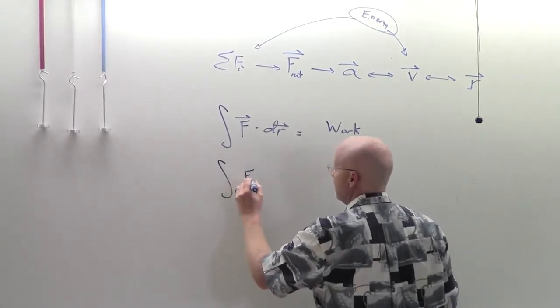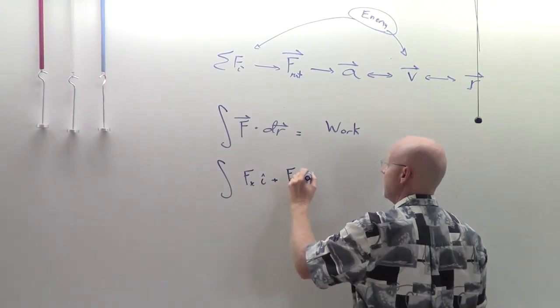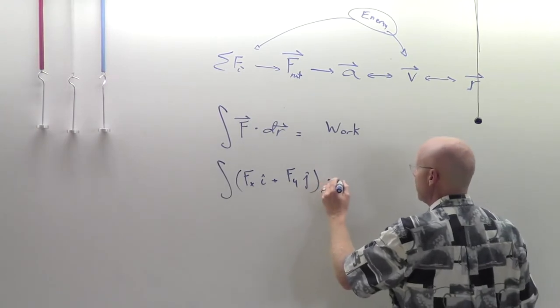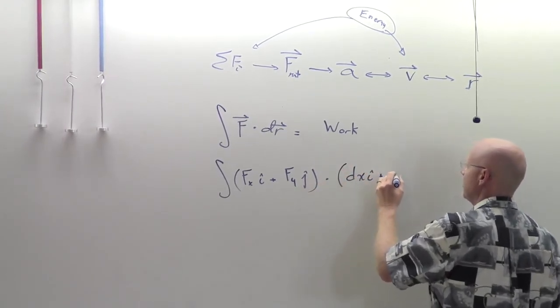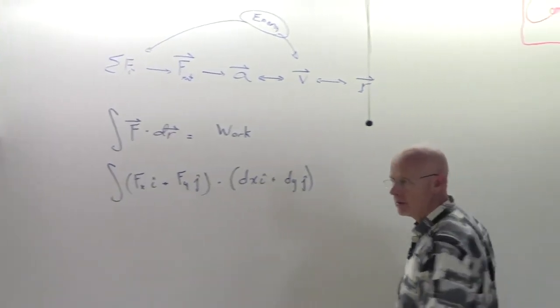Well, doesn't this really mean force in the x direction and force in the y direction, dotted with a movement in the x direction and a movement in the y direction?